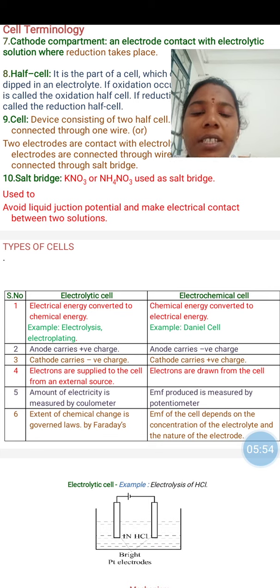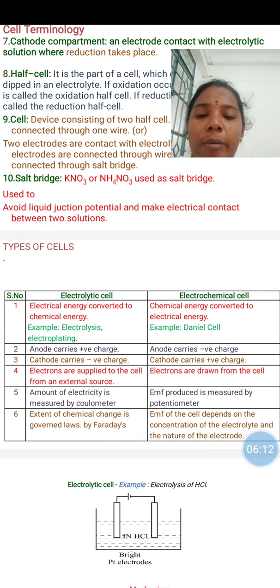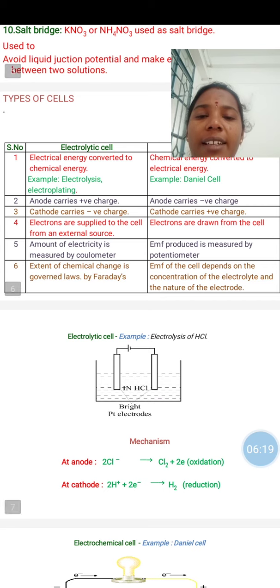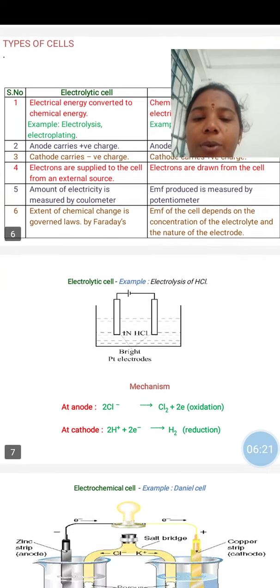In an electrochemical cell EMF is produced and measured using a potentiometer. Sixth, in an electrolytic cell the extent of chemical change is governed by Faraday's laws. In electrochemical cells the EMF of the cell depends on the concentration of the electrolyte and the nature of the electrode.